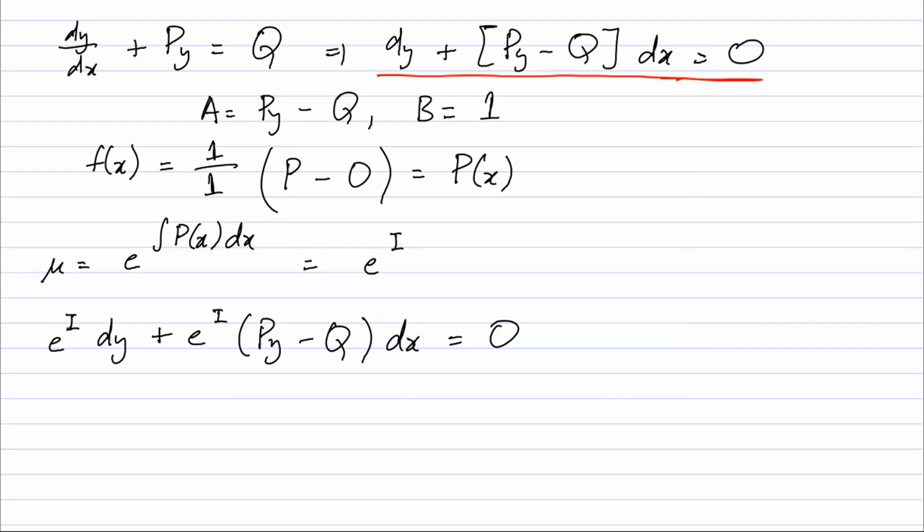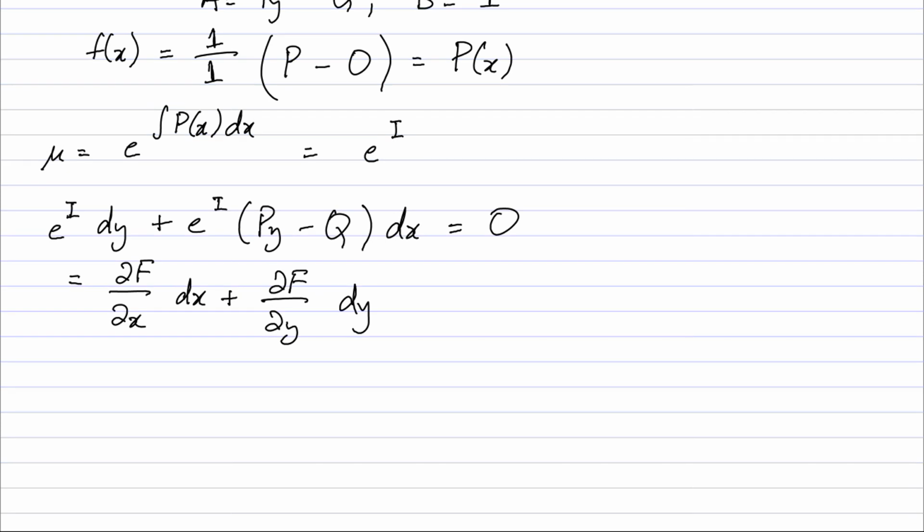Then I can say that this is an exact differential equation, so this is also equal to, for some function of x and y, capital F, the differential dF. So then I have to figure out capital F.